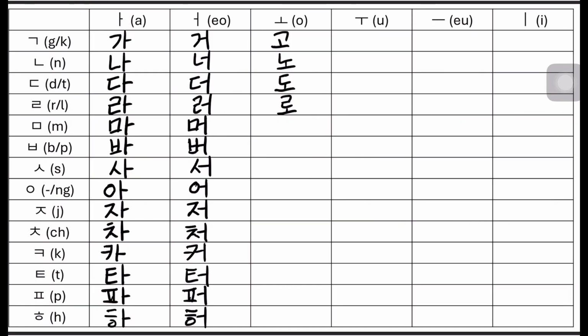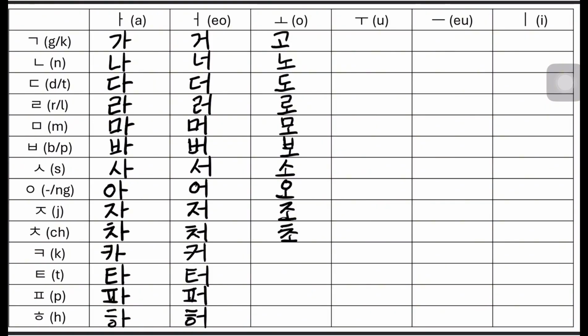R and O is ro. M and O is mo. B and O is bo. S and O is so. Our Ieung with O is o. J and O is jo.